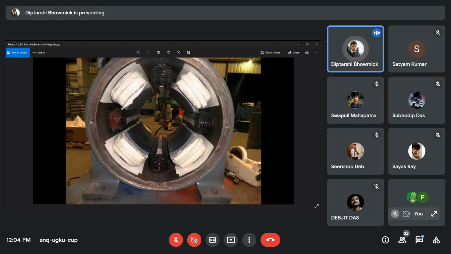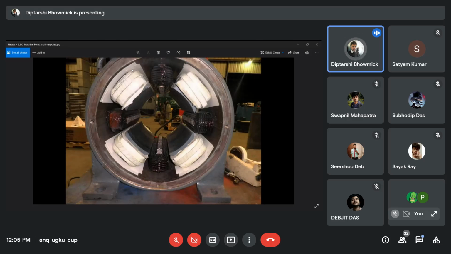But in case of the series field, the field winding is placed in series with the armature. That means whatever the armature current is, that current flows through the field winding also. Our main aim is to pass the maximum current to the armature winding.